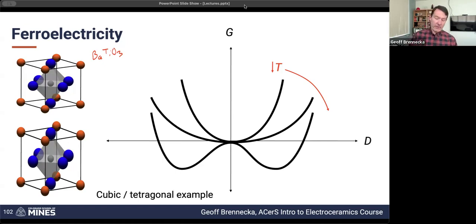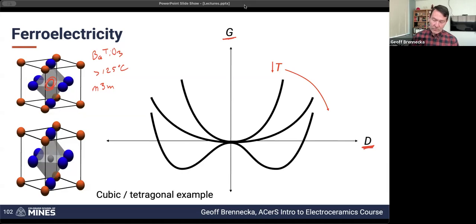So if this were barium titanate and we have this perovskite unit cell, at high temperatures, so for barium titanate, this would be above 125 C, the material is cubic. And when it's cubic, it has a point group of m3m. And so that's cubic, it's very high symmetry. And if we plot the free energy, Gibbs free energy, so it's a G, versus the displacement of this center ion, what we're plotting on this chart is where this center ion sits within its unit cell and the free energy as a function of that displacement.